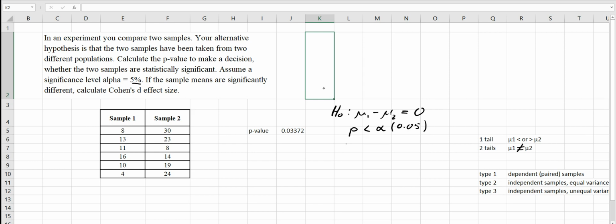In this case we can say H0 is rejected. So if you remember, if P is lower than alpha, if P is low, H0 must go. So we reject the null hypothesis, and we say there is a difference between the two samples.